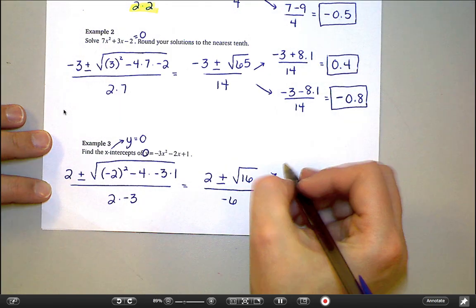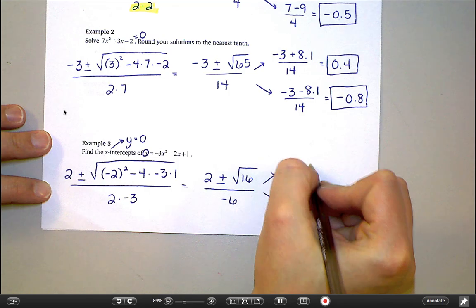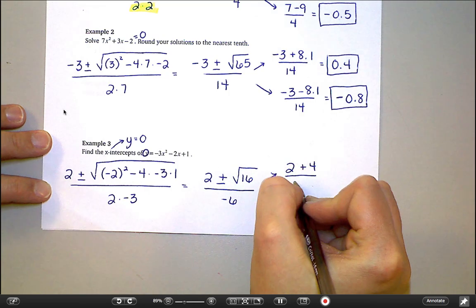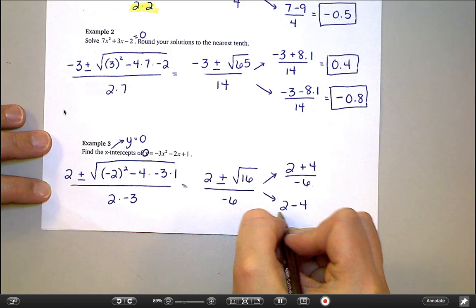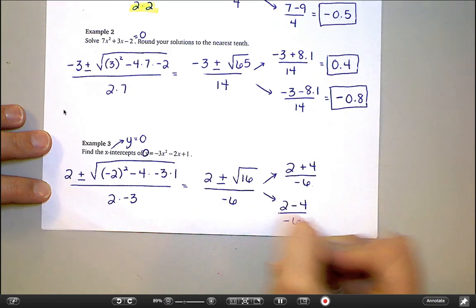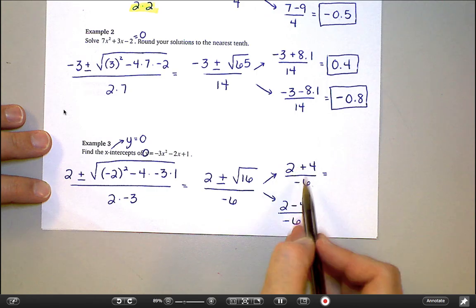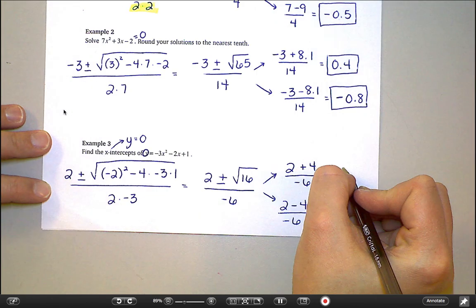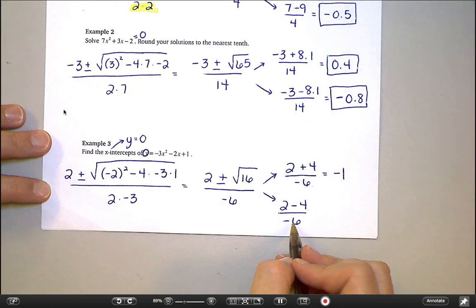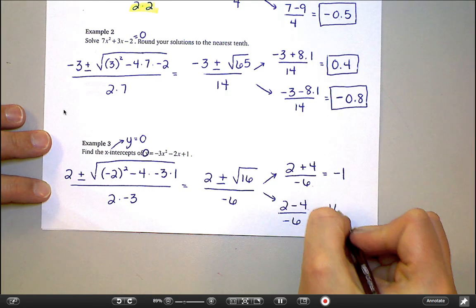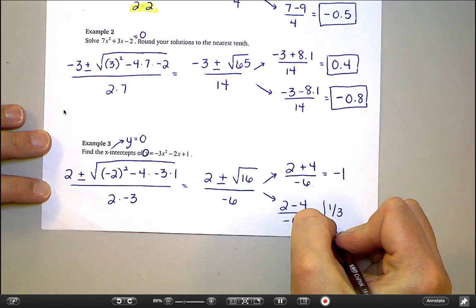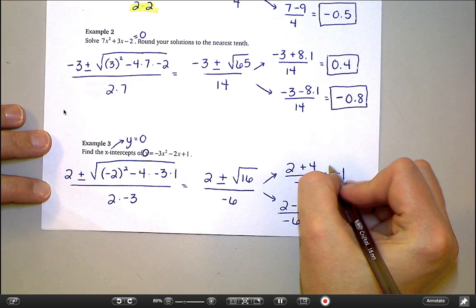Square root of 16 is 4, so I can say 2 plus 4 divided by negative 6, and I can do 2 minus 4 divided by negative 6. Let's see, that's going to be 6 over negative 6, which is negative 1. And this is going to be negative 2 over negative 6, which would reduce to positive 1/3 or 0.3 repeating. I like my fractions a little better.